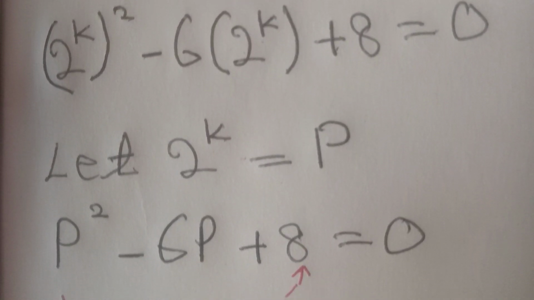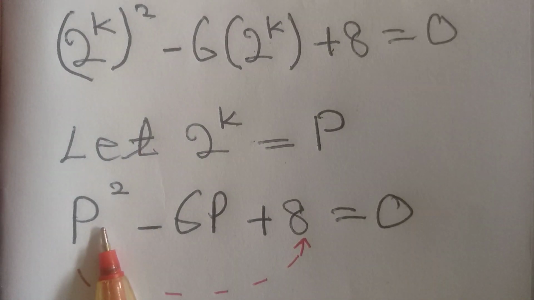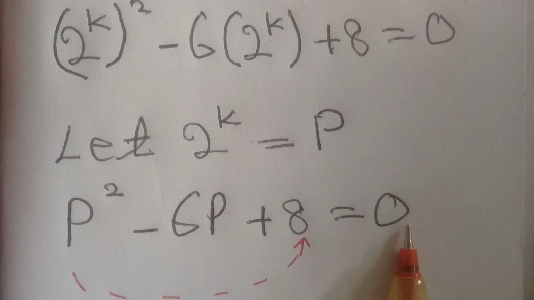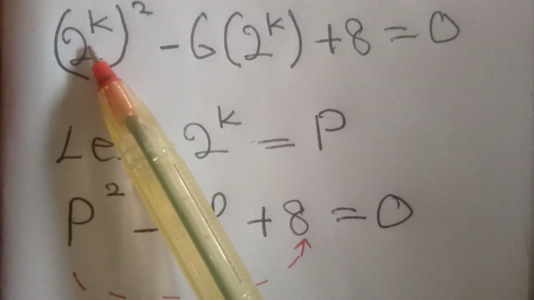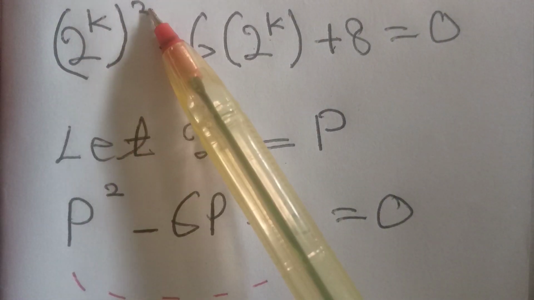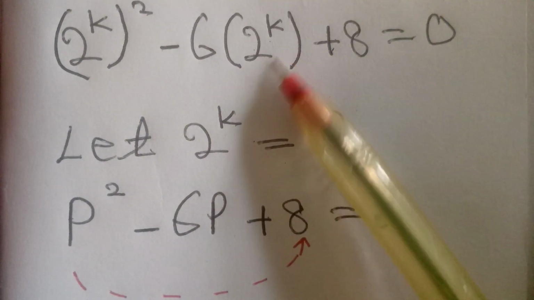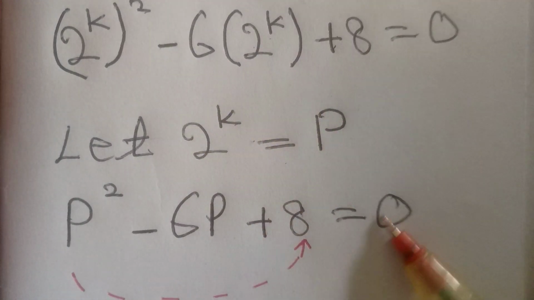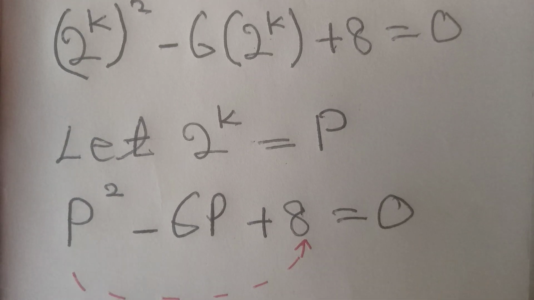Then if you substitute that assumption, you will now have p squared minus 6p plus 8 equals to 0, because the whole of this 2 raised to power k will now be p, then this square will still remain. This minus 6 is still, then this 2 raised to power k will now change to p, this plus 8 is. So you now observe that we are having a quadratic equation.